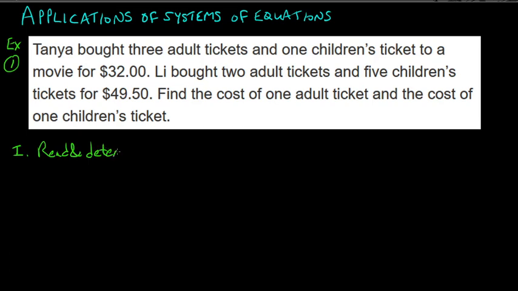So determine the actual question here. What are they looking for, right? They're looking for the cost of 1 adult ticket and the cost of 1 children's ticket for whatever movie this is. So this is going to be what we're looking for.